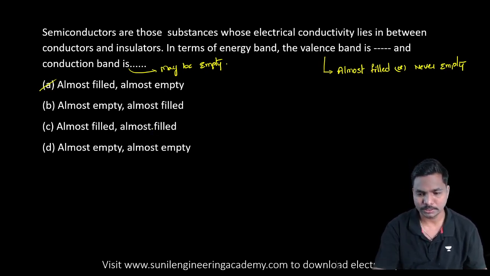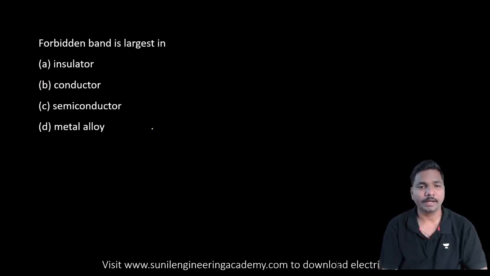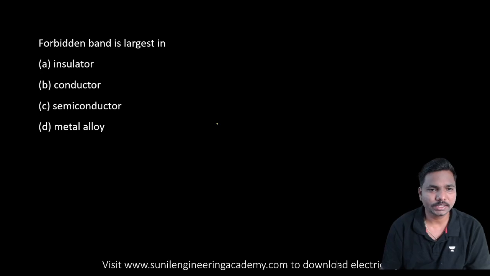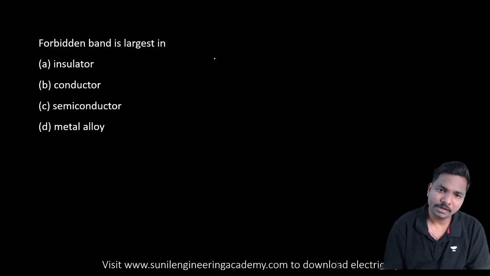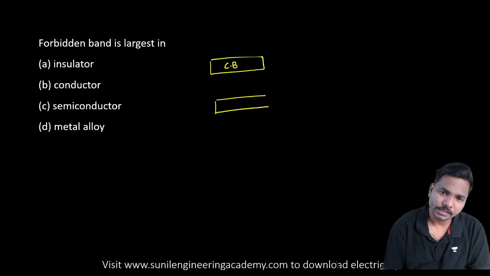Coming to the next question, guys. Forbidden band is largest in dash. The gap between conduction band and valency band is nothing but the forbidden band, and this is greater than 5 electron volt for insulators.